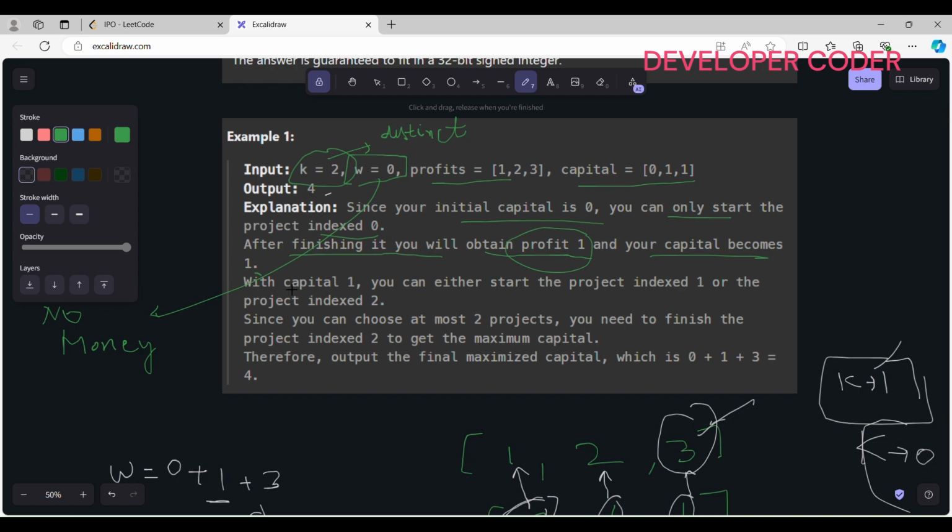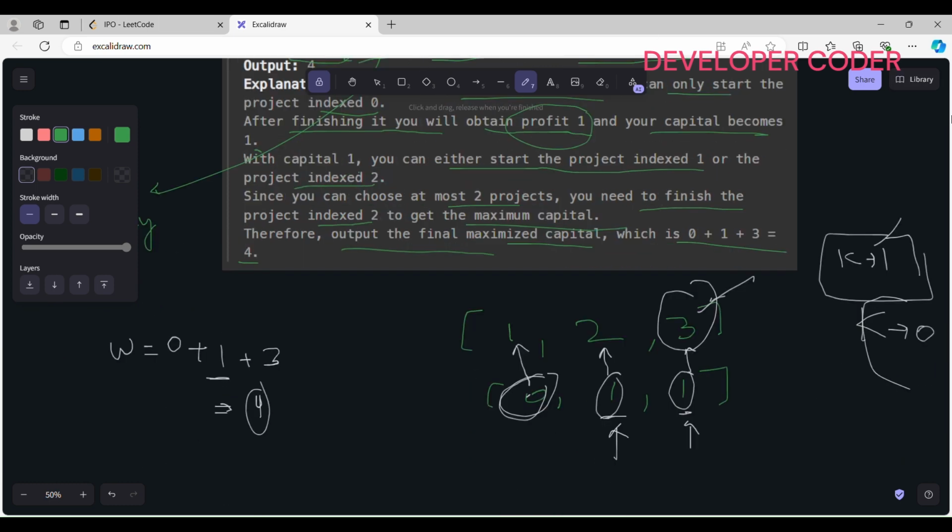Okay, with capital 1 you can either start the project indexed 1 or project indexed 2. Since you can choose at most 2 projects, you need to finish the project in next 2 to get the maximum profit, maximum capital. Therefore the output, the final maximized capital, which is 0 plus 1 plus 3 is equal to 4. Okay, this is clear, right?